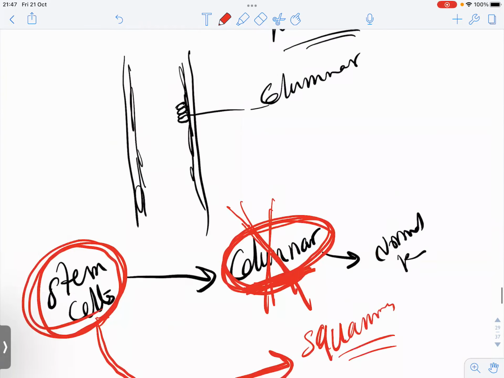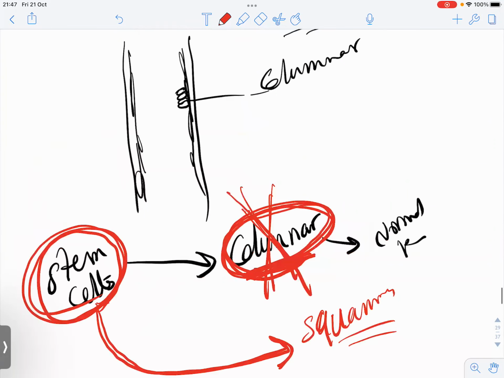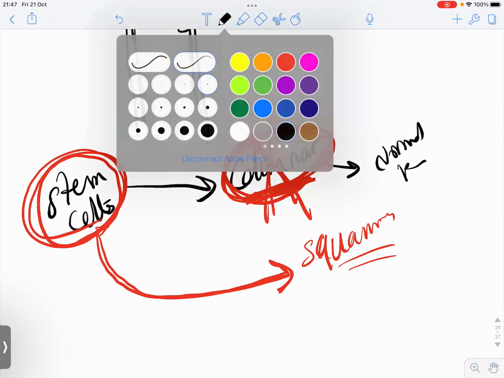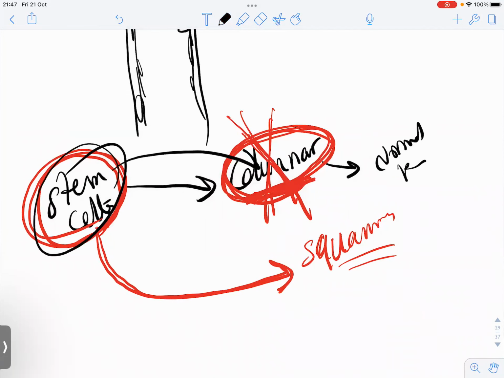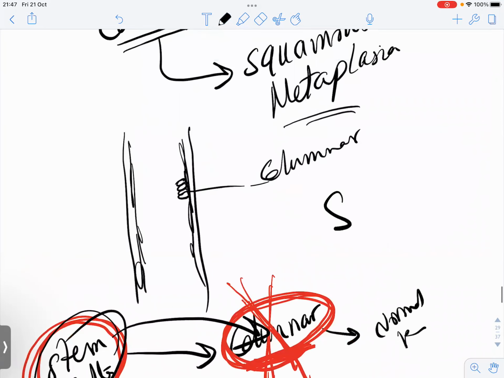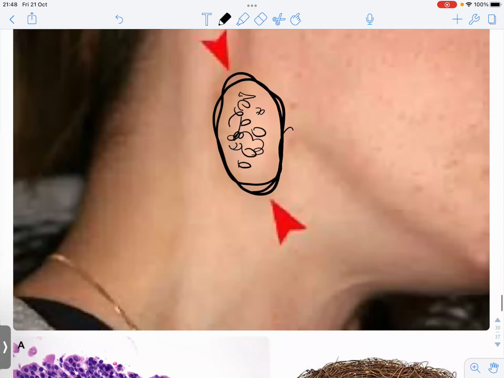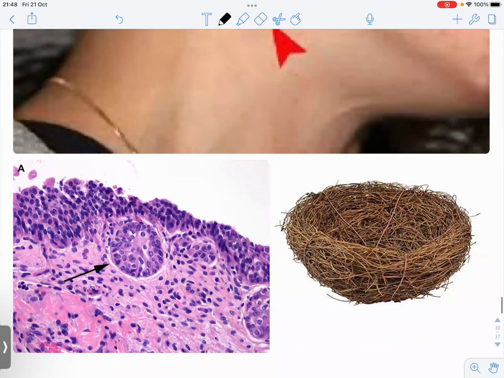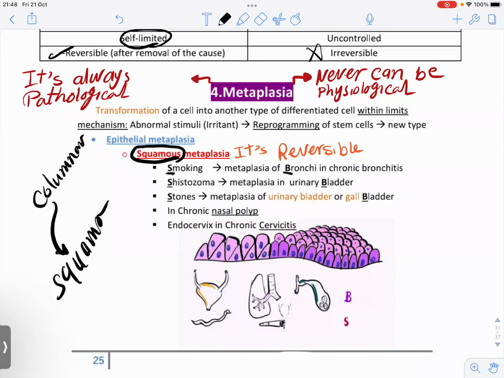So is it reversible? Of course. Just stop smoking, and the stem cells will come back to nature and start to secrete columnar epithelium. Okay. The mnemonic: S for smoking, B for bronchi. The second S and the second B. So here smoking and bronchi: in the bronchi, columnar epithelium will turn into squamous epithelium.